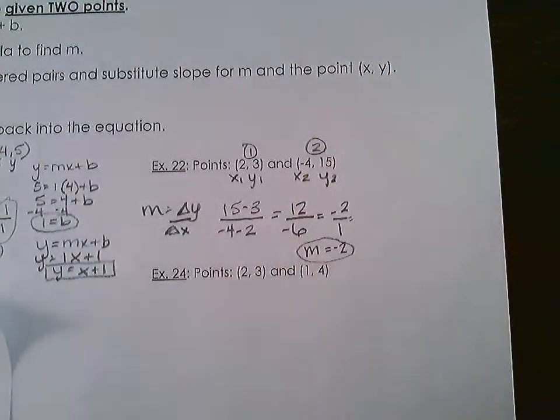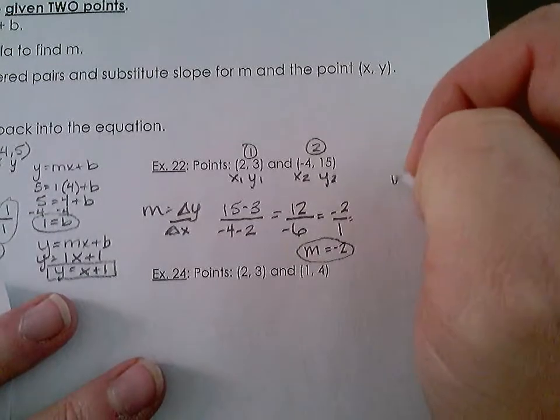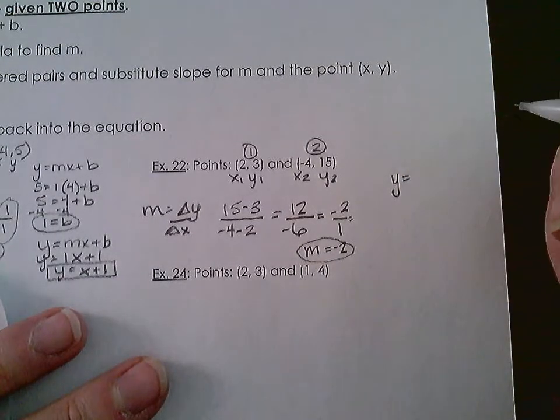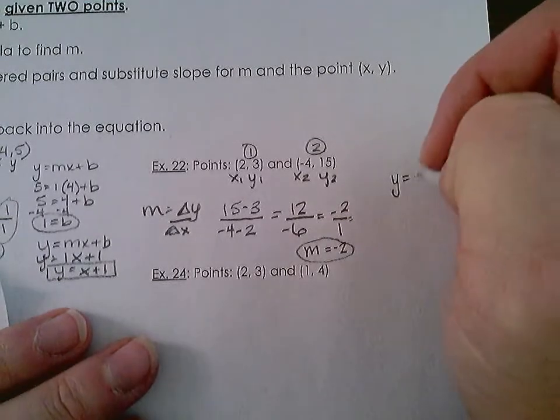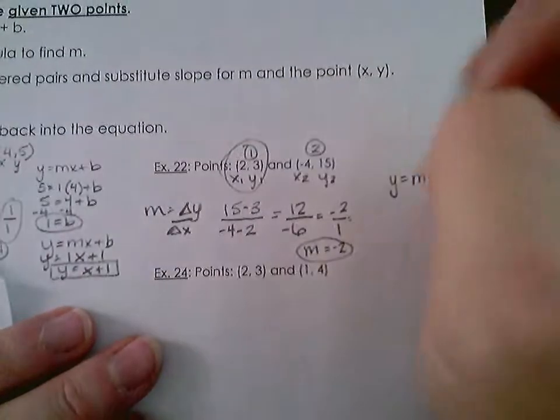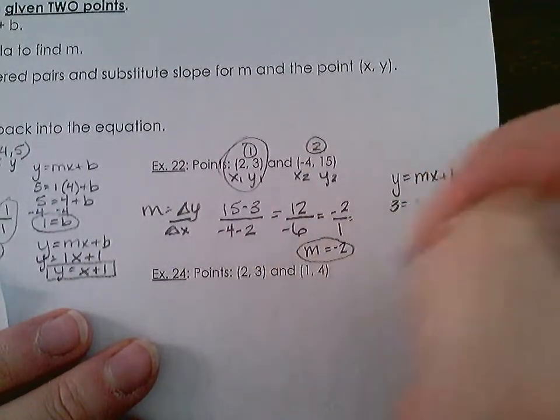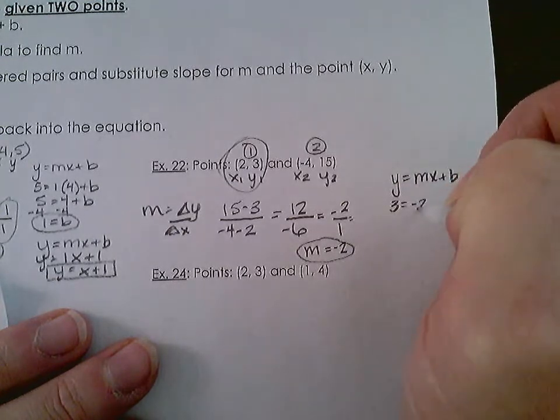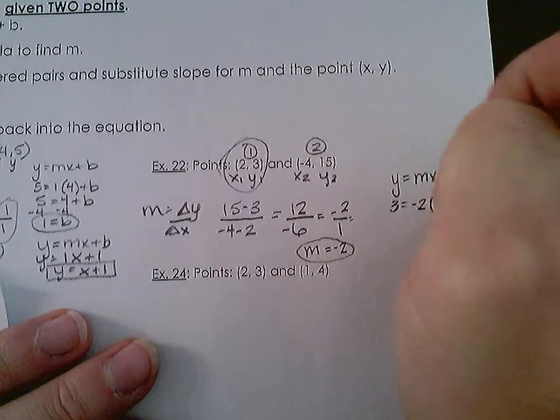Next, I'm going to use the slope and one of those points to figure out what the y-intercept is. So I'm going to say, okay, well, I know the slope is something other than 0 or undefined, so I know it's going to fit into that y is equal to mx plus b format. I'm going to say y is equal to mx plus b, and I'm just going to use this first coordinate now. My y value of 3 is equal to my slope that I just figured out, negative 2, times my x value, which is 2, plus b.